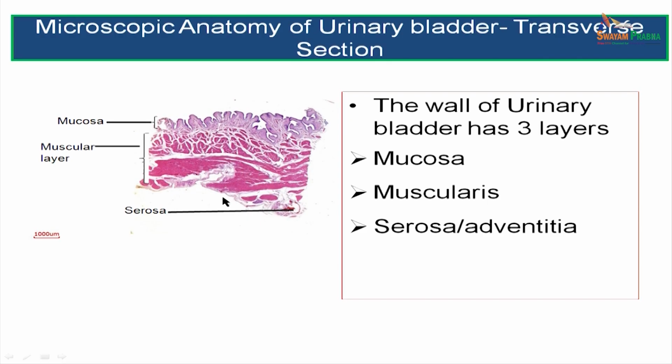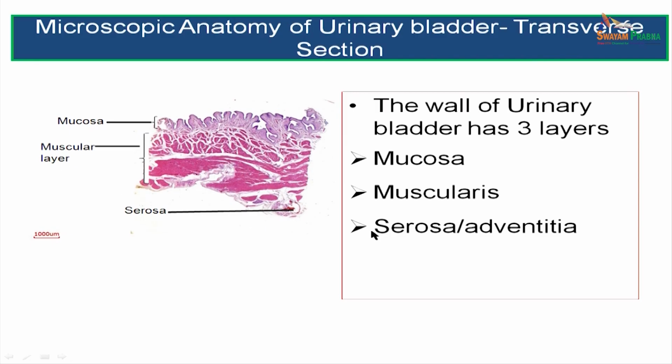Now, we will look at the various layers in the wall of the urinary bladder, the microscopic anatomy of urinary bladder in a transverse section. The wall of the urinary bladder has three layers. Innermost layer is a mucosa, then is the muscularis layer or muscular coat.